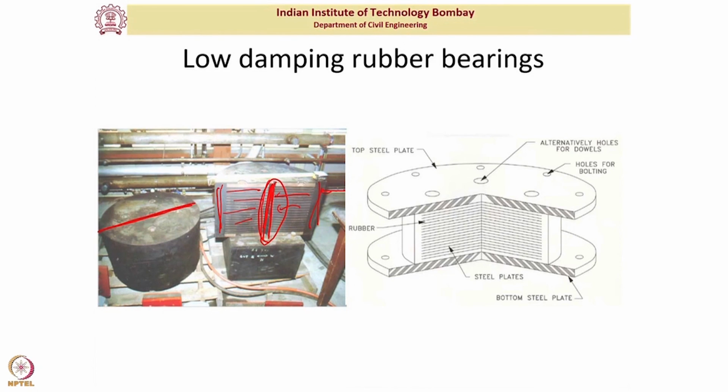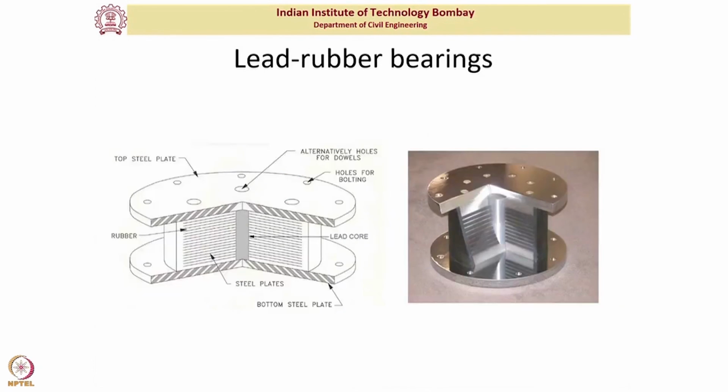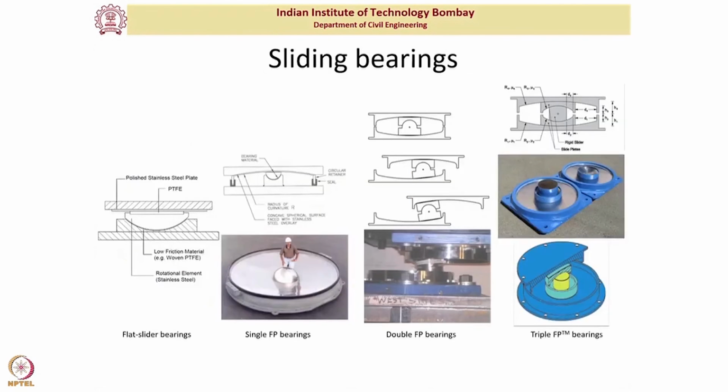So this is a low damping rubber bearing. Similar construction you would have in a lead rubber bearing, but instead of a central hole, you will now have a lead core. And there are methods through which you can decide how to find the diameter of the lead core.